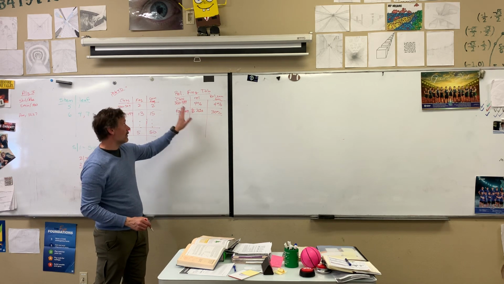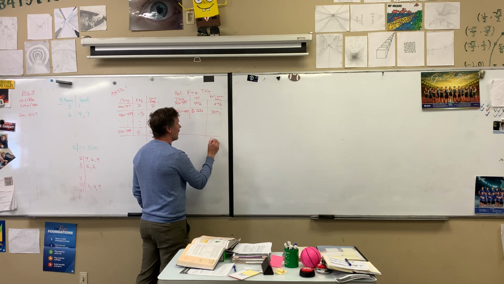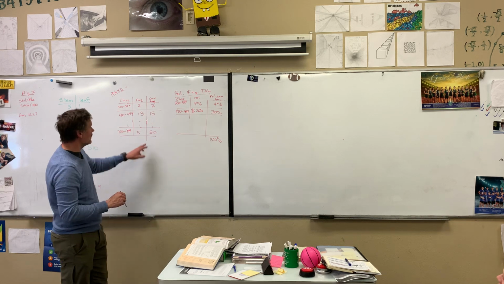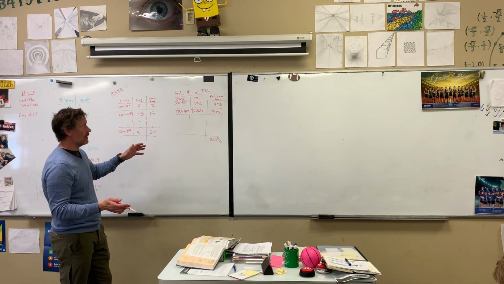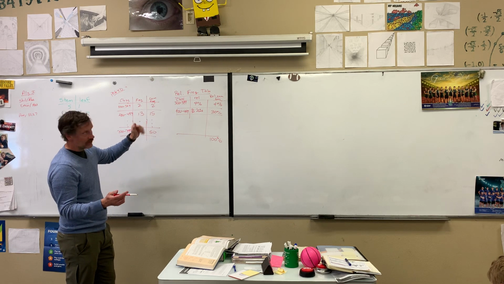On a relative frequency table, you will max out at 100% of the people, not at the number 50. If 30 people had taken the test, you would just figure out 2 out of 30, whatever percentage that is.